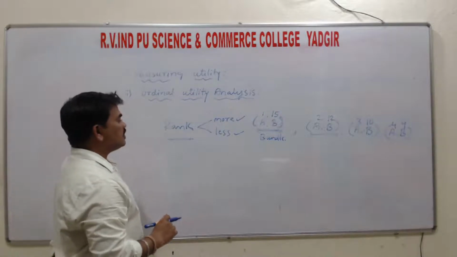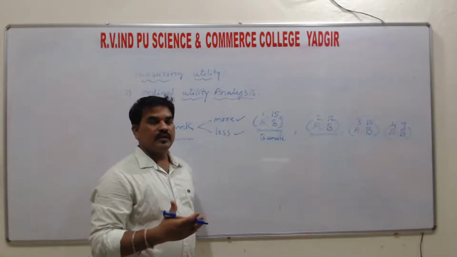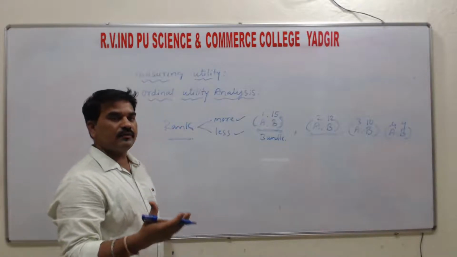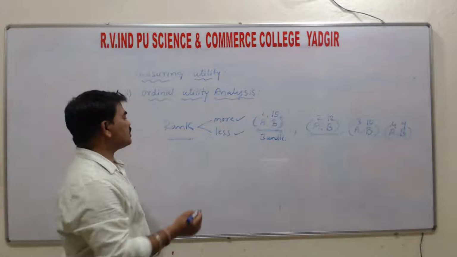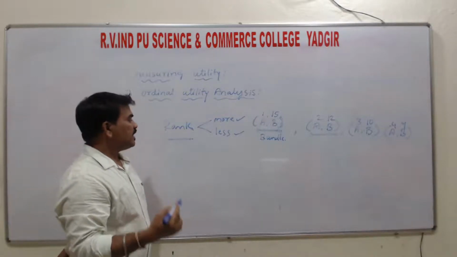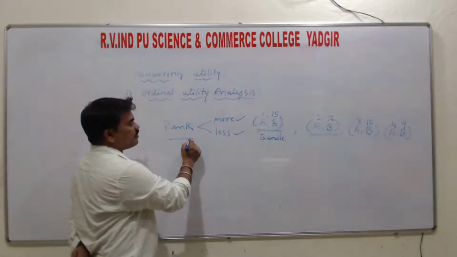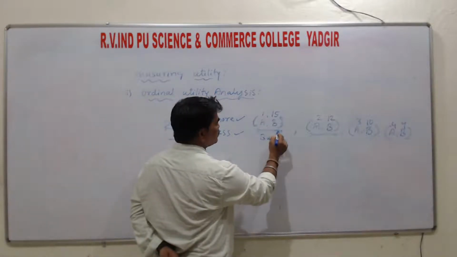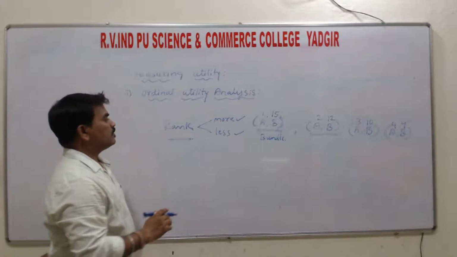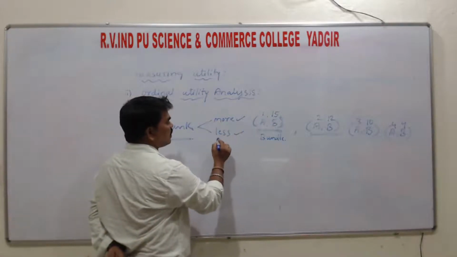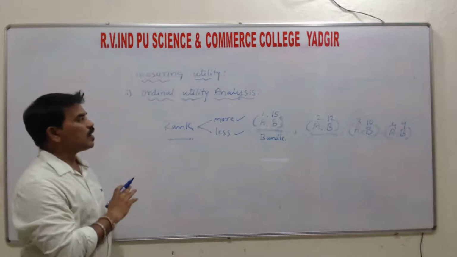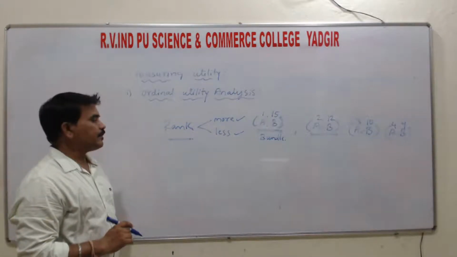So we can say if the consumer is measuring his utility in terms of ranks when he consumes this combination of goods, whether he is more satisfied or less satisfied, this ranking method we call the ordinal utility approach.